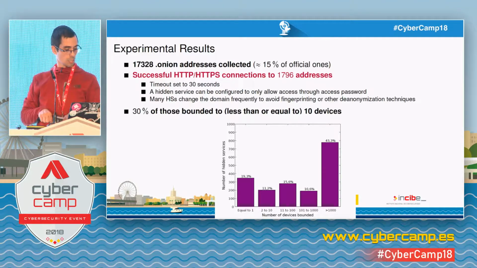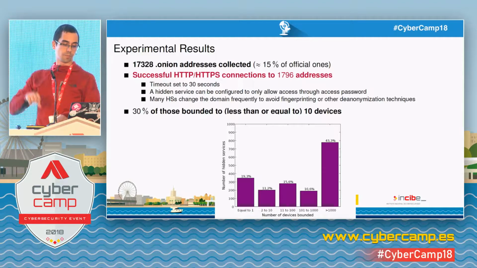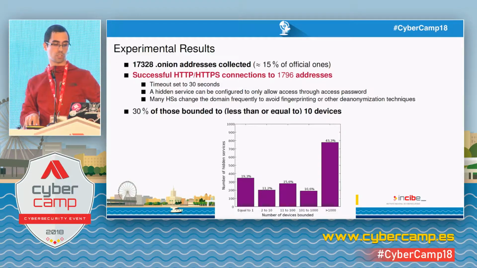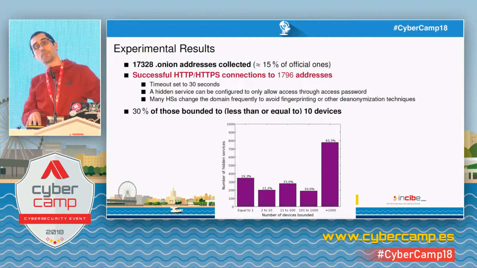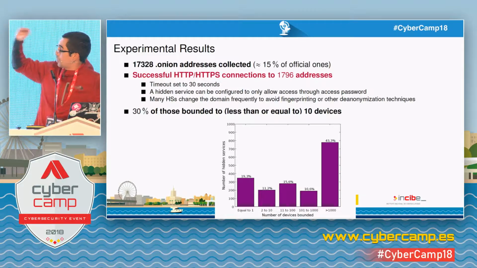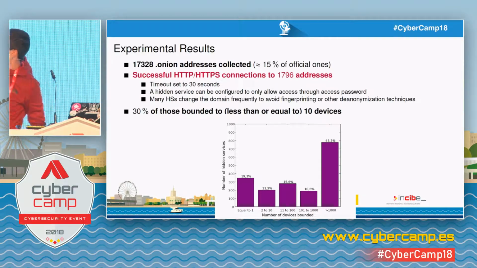They often change their domains. So the results are the following. 30% of those were bound to 10 devices.